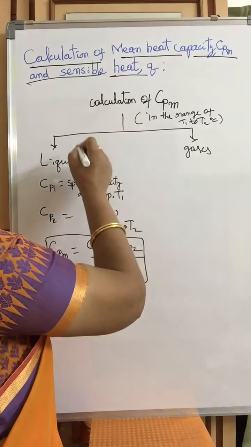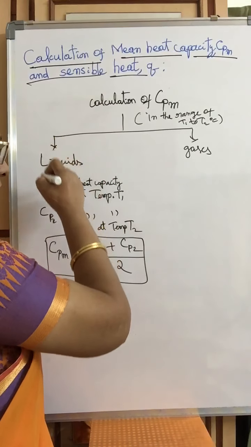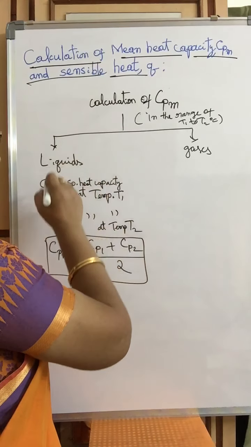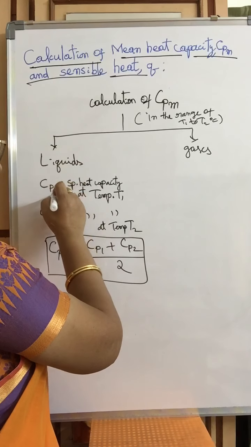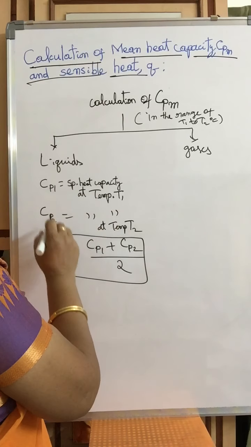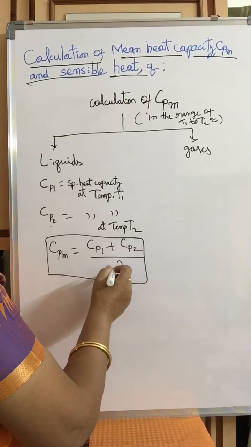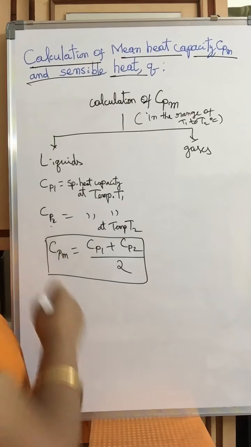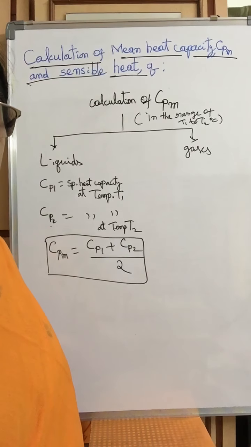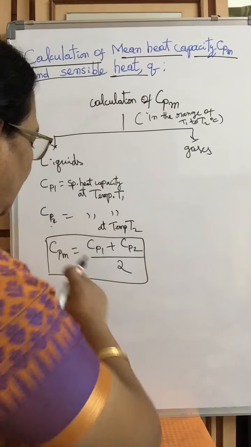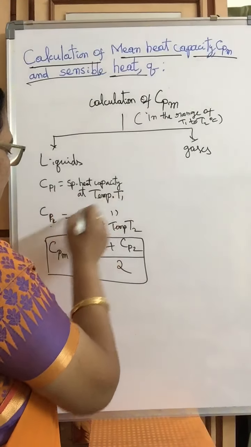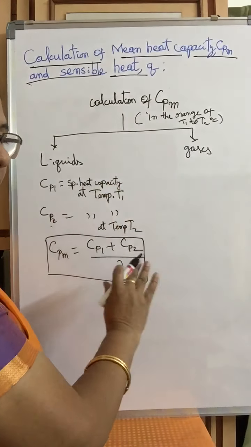When a liquid is heated from T1 to T2, if you know Cp at T1, let it be Cp1, and if you know Cp at T2, let it be Cp2, then the arithmetic average is given by Cpm, that is mean heat capacity. The Cp1, Cp2 data will be given in the problem.